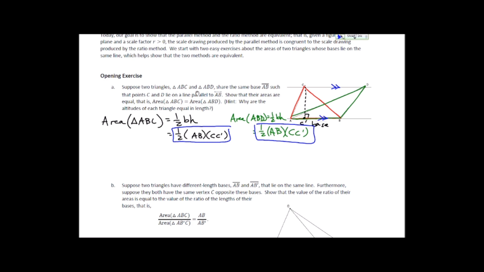And so what that means by substitution, is that the area of triangle ABC is the same as the area of triangle ABD. So it's important you notice that if we have two triangles with the same base and their third point is on a line that's parallel to the base, then those two triangles will have the exact same area. We'll need to use that in the Side-Splitter Theorem proof.